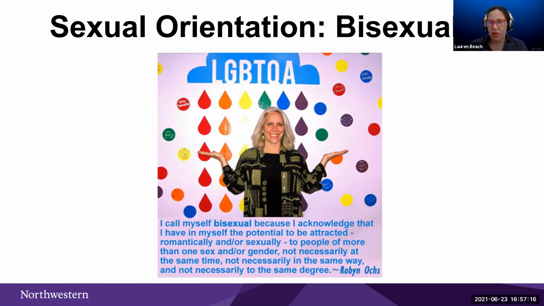And so you see in this definition that attraction is specifically referenced and that there are multiple dimensions of attraction referenced. So you can be multi-gender attracted, and you can also not have to experience both sexual and romantic attraction. You could experience one and or the other. And so this allows people who are asexual or aromantic to also identify as bisexual and fit in this definitional umbrella that Robin has created.